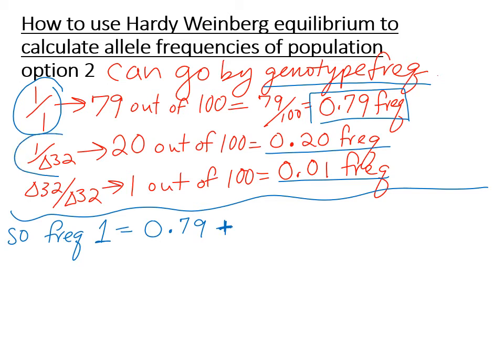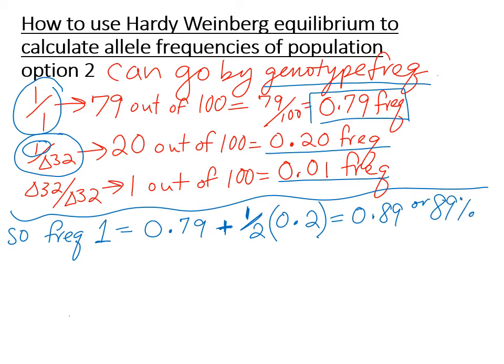The second genotype. But what do you notice about it? Only half of it is allele number 1. So you now say plus 1/2 of the frequency of the heterozygote, which is 0.2. That gives you 0.89 or 89%, which we already knew from our previous calculation. 89% is the frequency of allele 1.